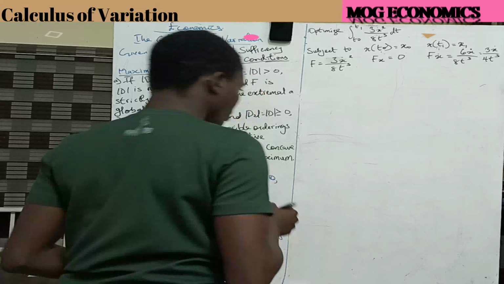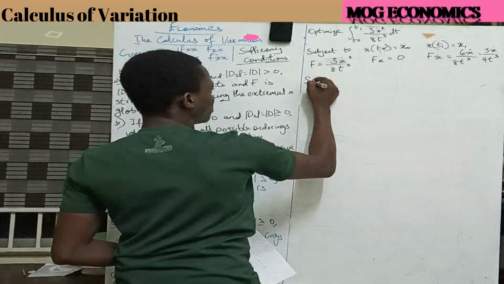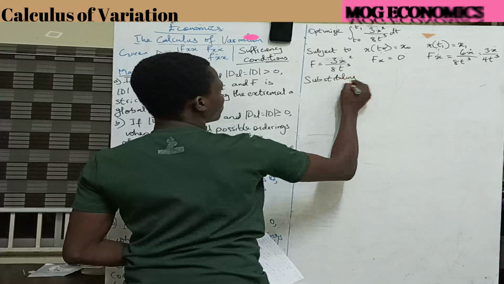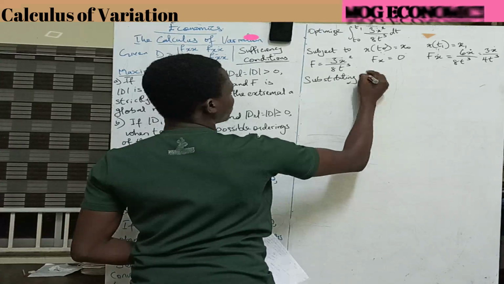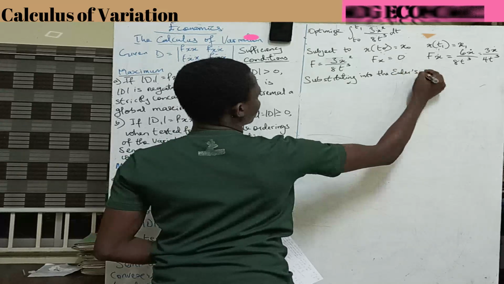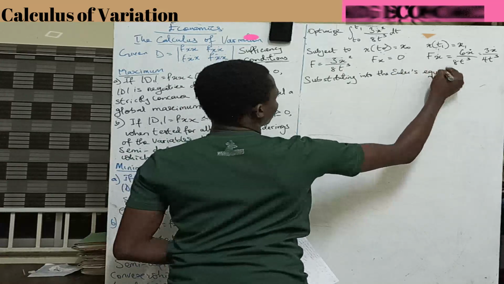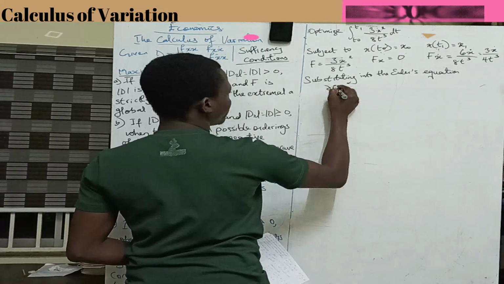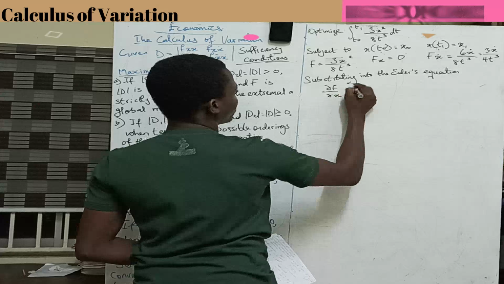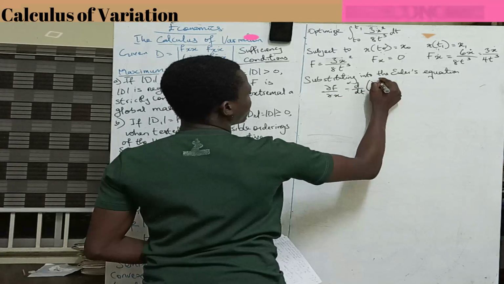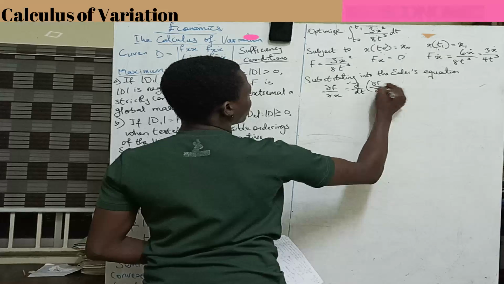So we then substitute into the Euler equation. And if you remember the formula, it says your df/dx equals d/dt of your df/dx dot.